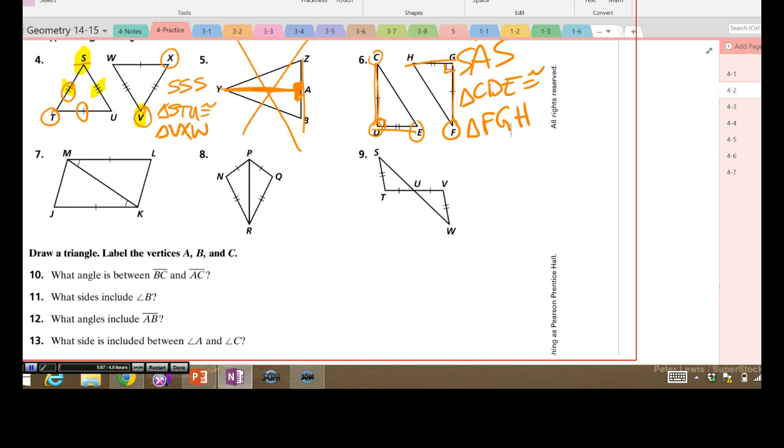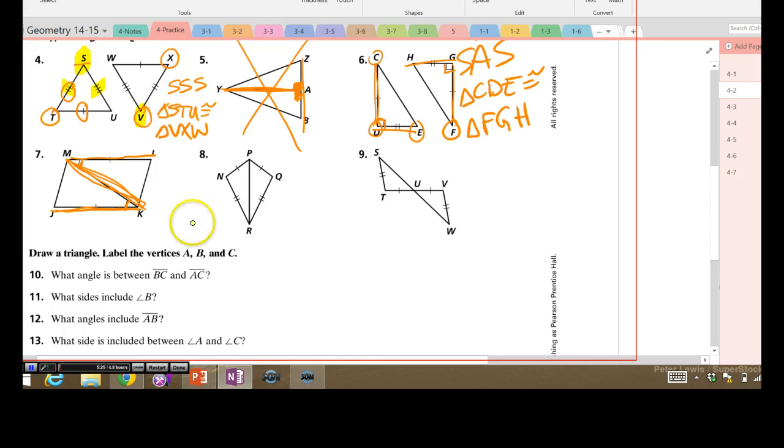Number 7. I got a side matched up to another side. Then I'm going to trace an angle. Goody. Then I go to this one right in here. That's another side that's congruent to itself, the reflexive property.